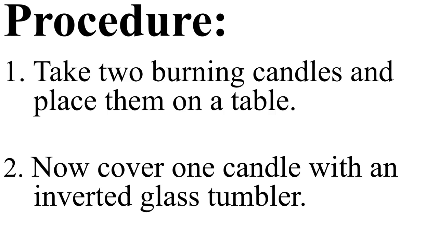Students, here we have used glass tumbler so that we can check what is happening after the glass tumbler is inverted on the burning candle. However, you are free to take any metallic tumbler as well.